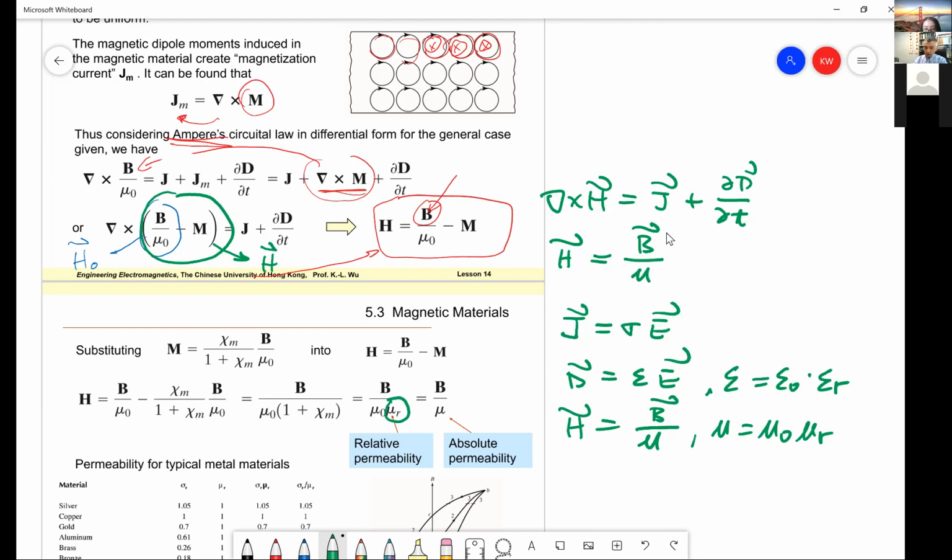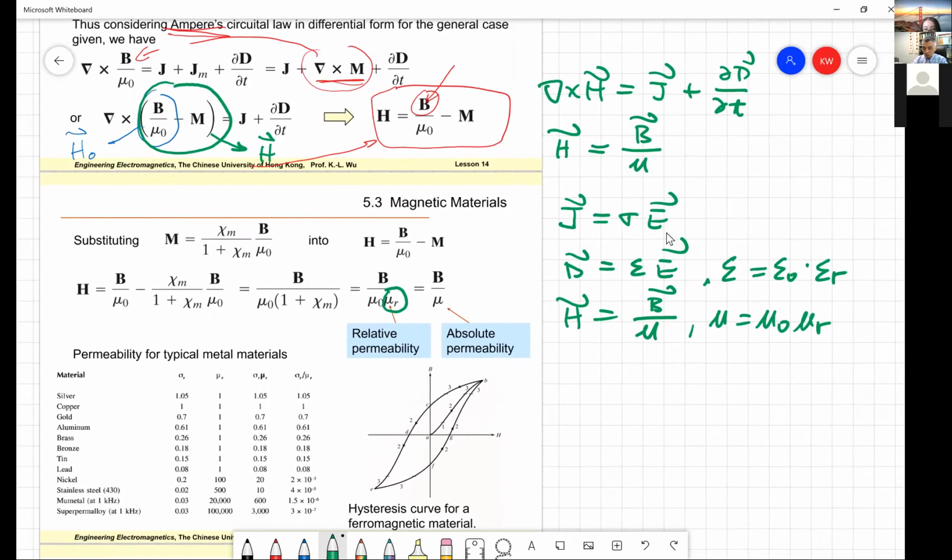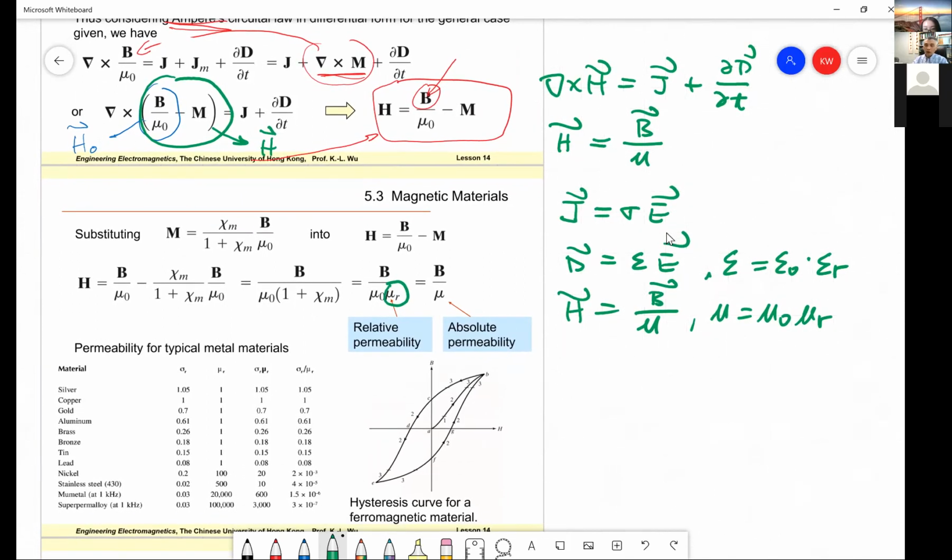Then we can see that for most materials, even metals, and for dielectrics, you definitely don't need to worry, the relative permeability equals 1. Not all metals are magnetic materials.